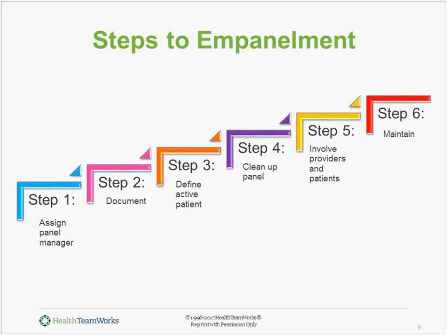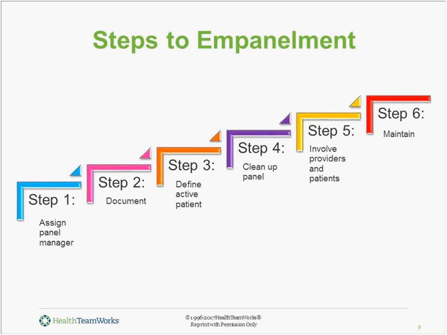The next step is documenting. So deciding where in the EHR you will document the PCP, where those panels can be pulled easily. So in an agreed upon process, we're documenting the primary care physician in the EHR.